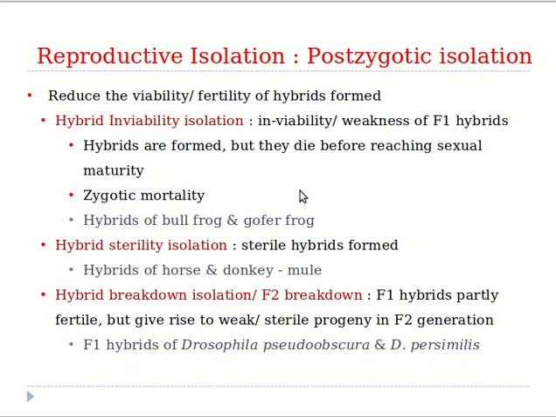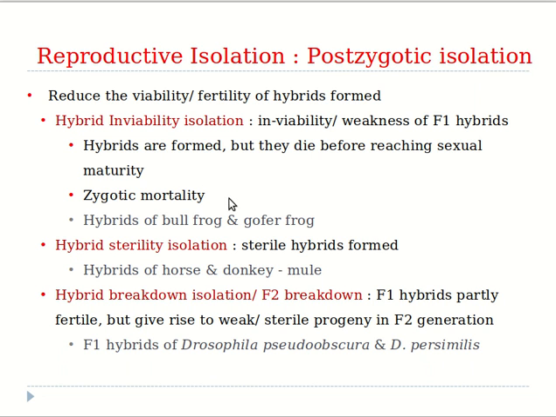When the mortality happens immediately after fertilization, such a process is known as zygotic mortality isolation. That is, soon after the formation of the zygote, soon after fertilization, the zygote undergoes death.